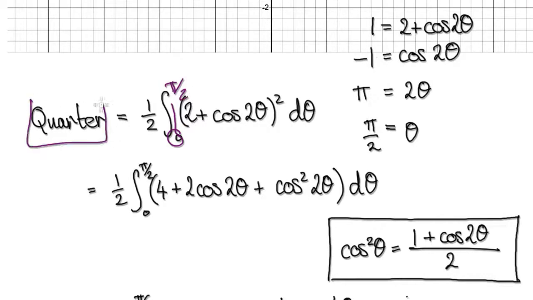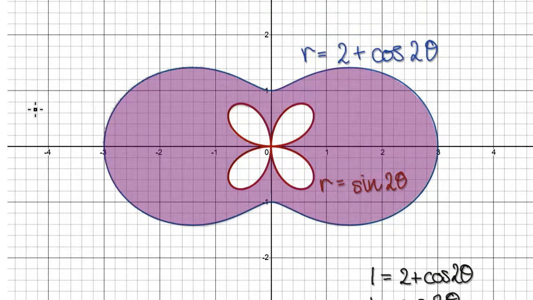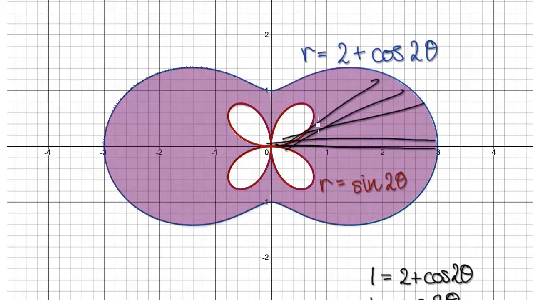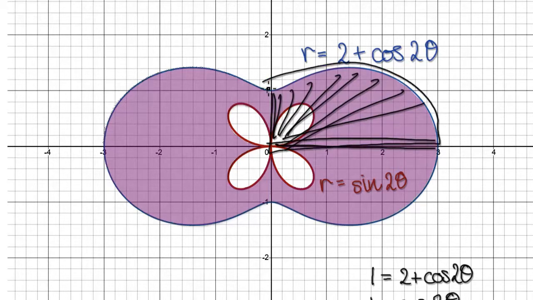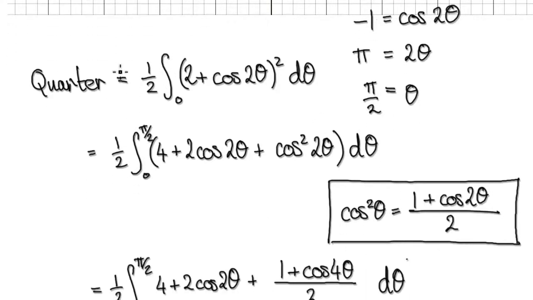We're going to call this area here quarter. I'm going to assign this area here the name quarter, and this name quarter is given by this.